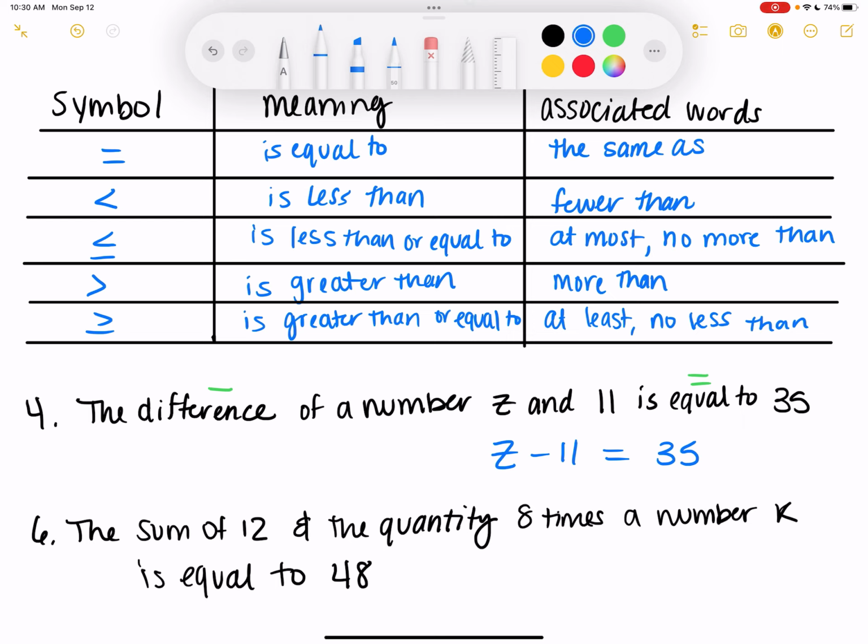So what operation or operations are we using, and then what symbol is it? An equality or inequality, and then what kind if it's an inequality.